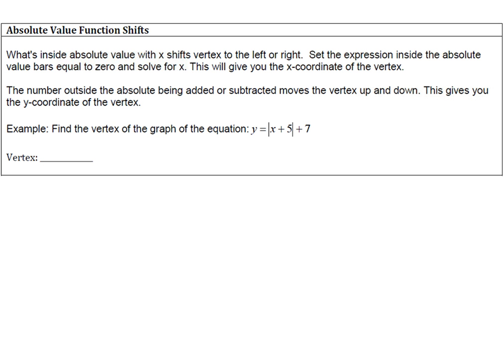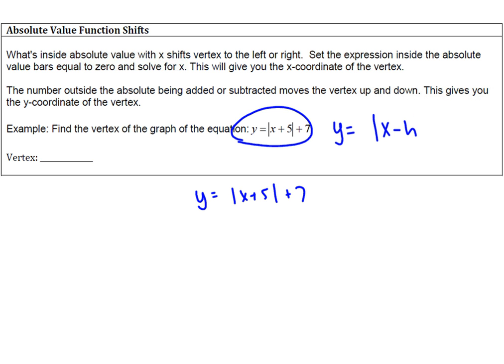Y acts exactly how you think it should. If it's addition, it moves up. If it's subtraction, it moves down. So if you look at this one, y equals absolute value of x plus 5, plus 7. The way you want to think about it is the equivalent of saying x minus h plus k, where h and k is your vertex.